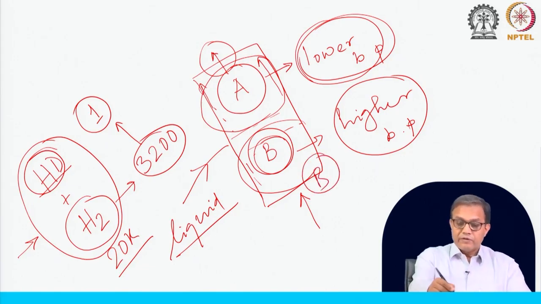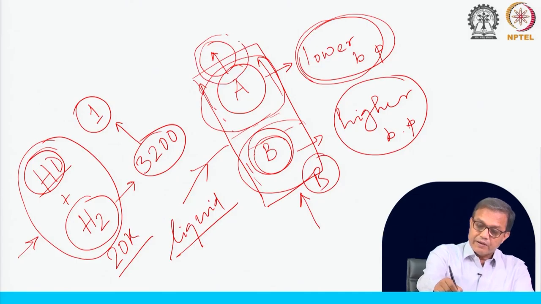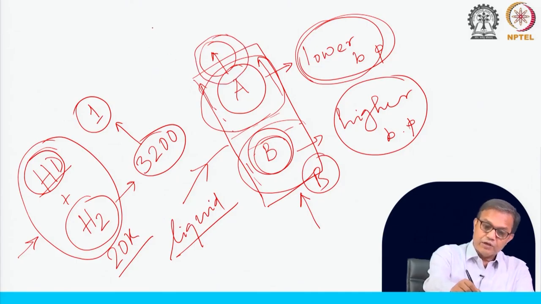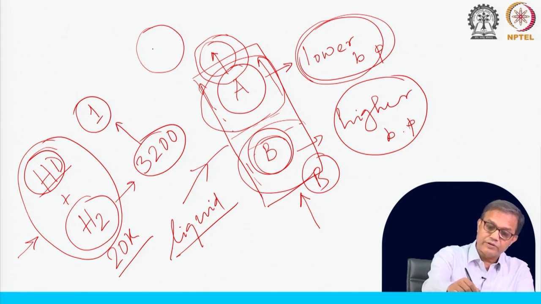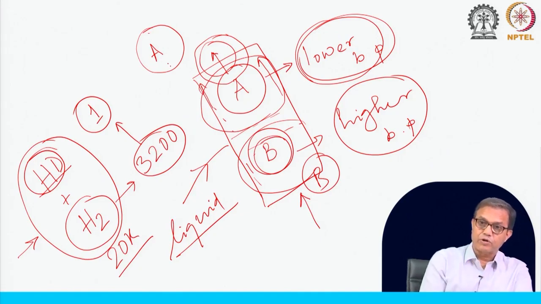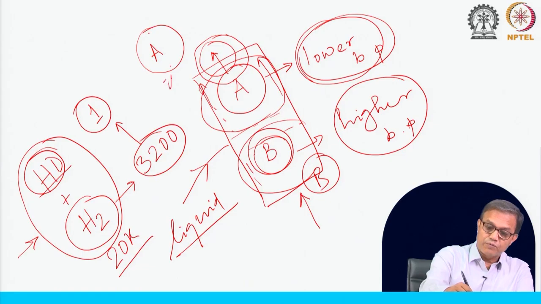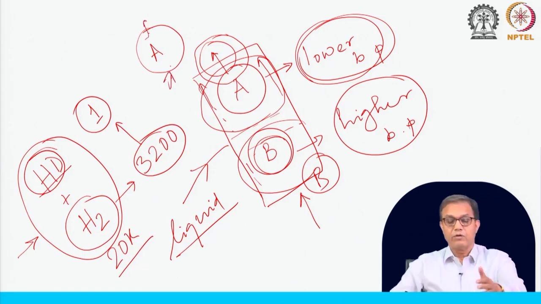Now, if we collect this vapor A from the top and liquefy it, it will be rich in the A component at the top and B component at the bottom. Again, if we put some heat, you will find that the A component is coming on the top.